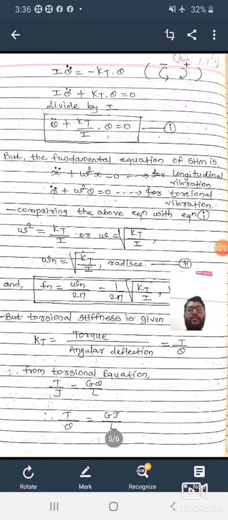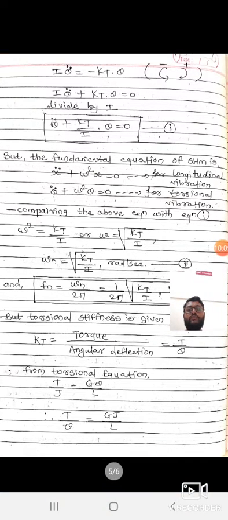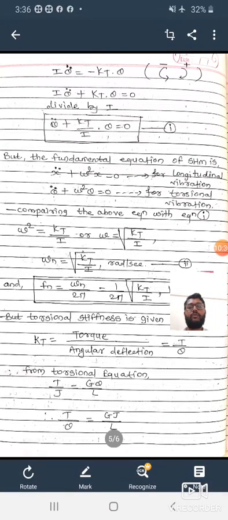By comparing theta double dot plus omega square theta equal to 0 with theta double dot plus kt upon I into theta equal to 0, we get omega square equal to kt upon I, or omega n equal to under root of kt by I, in radians per second.